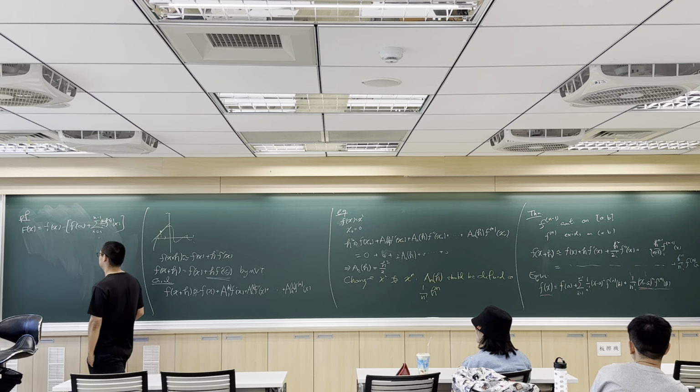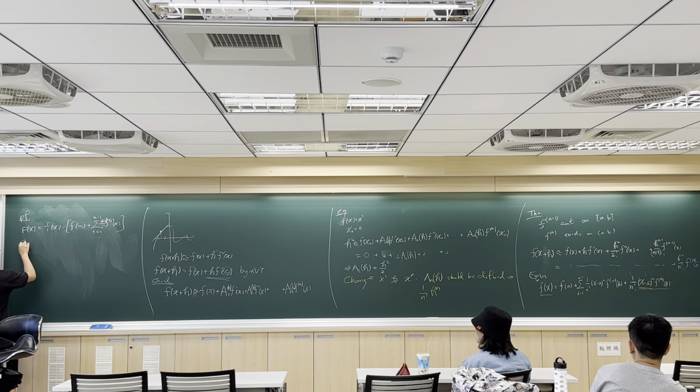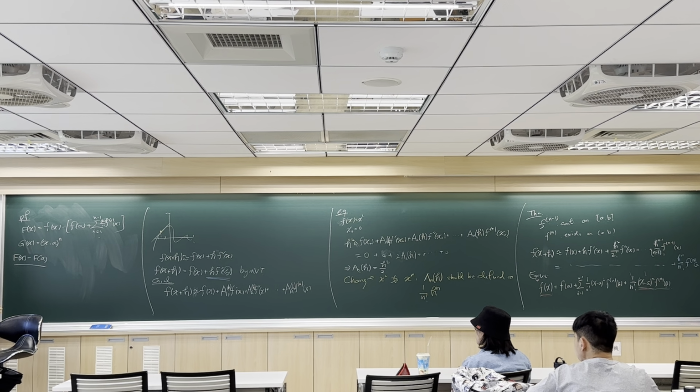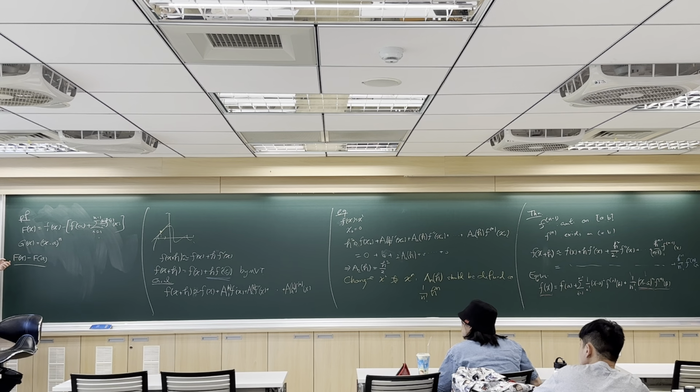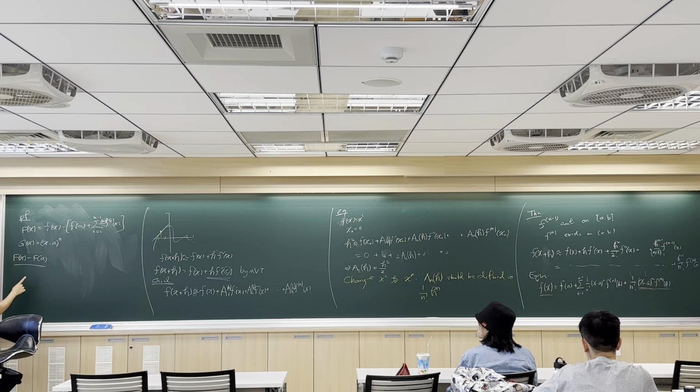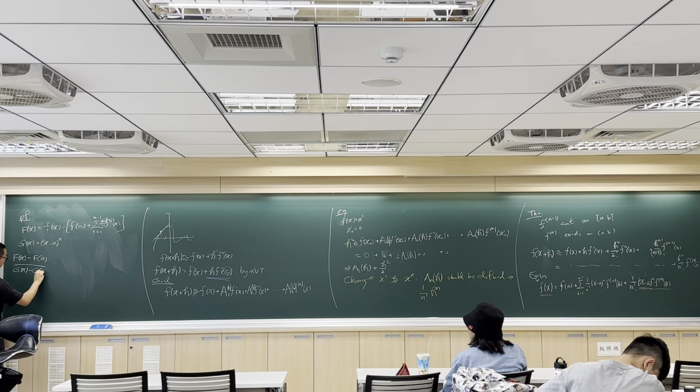So g of x equals (x minus a)^n. Right, so we got this: f of x minus f of a. This one's clearly 0. So g of x minus g of a.